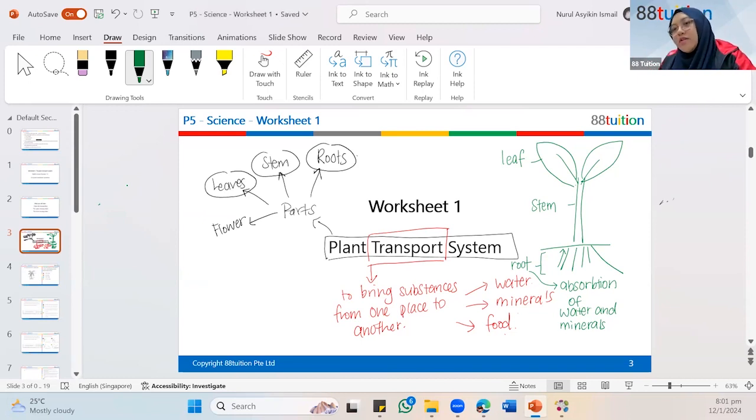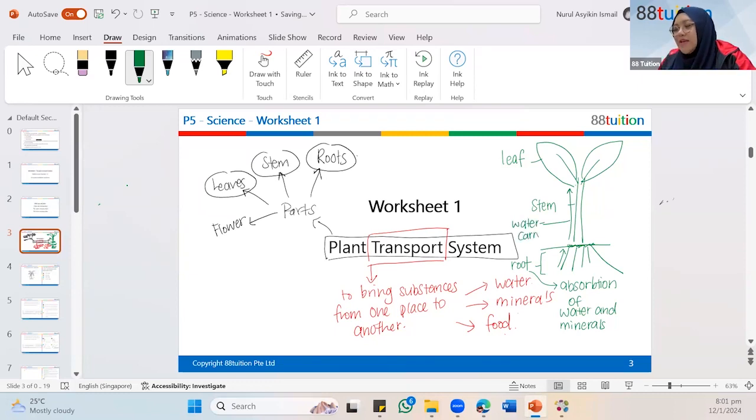So actually the water carrying tubes will start somewhere here around the end of the roots. Then when the water wants to go up the stem, they go into the actual water carrying tubes. So to transport water, we actually use water carrying tubes.